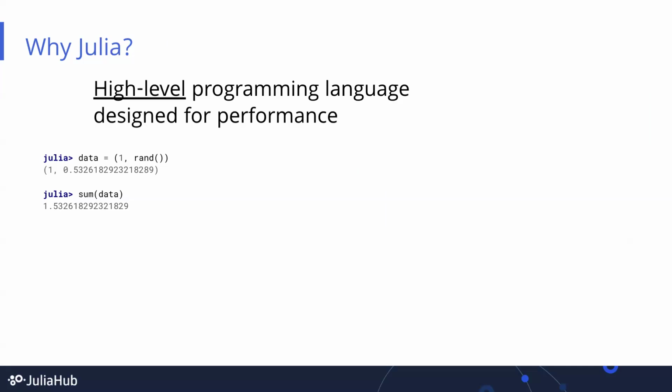history, Julia is a high-level language, of course, as you've all seen today, which has always been designed with performance in mind. At high level, you can do very simple stuff. For example, here you have a tuple of an integer and a floating point number, and I'm computing the sum. This is very high-level code you might want to write interactively in your REPL.